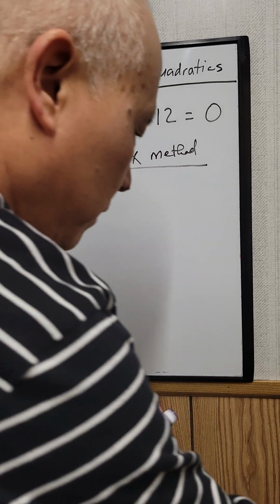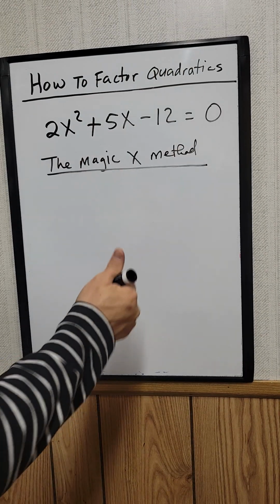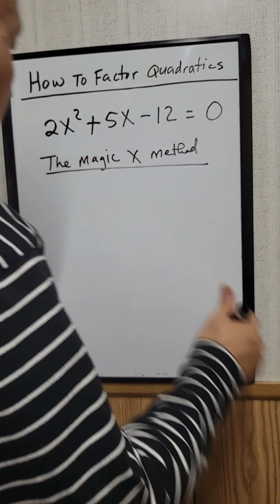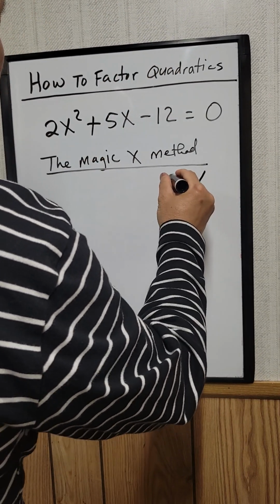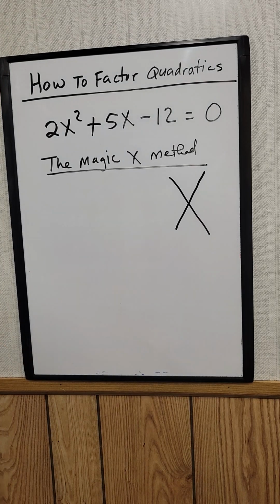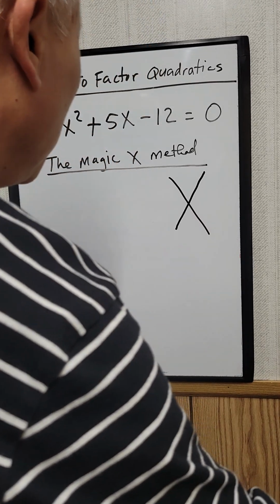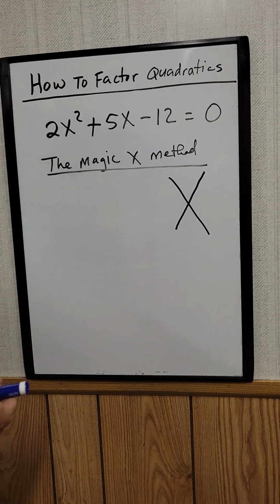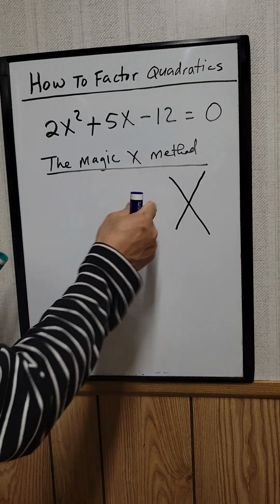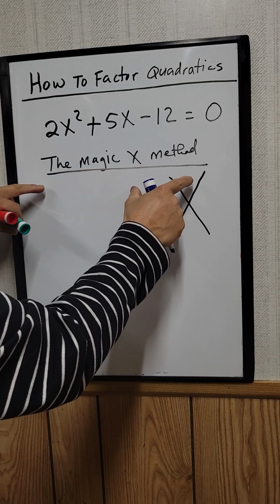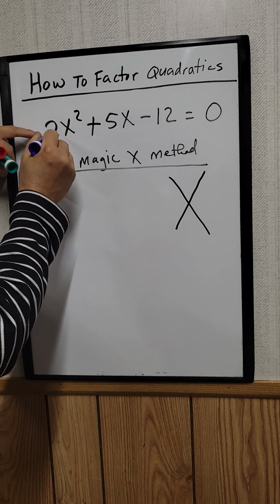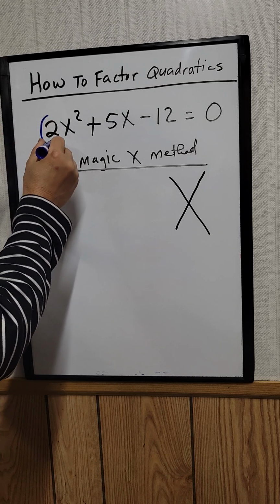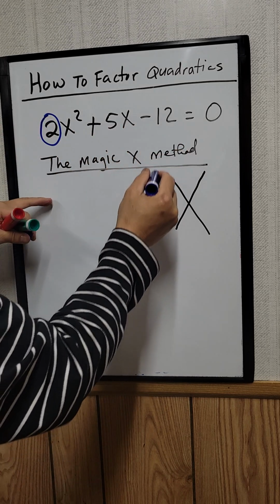So what we do is we just draw an X, like that. Alright. You draw an X and then you multiply this right here, the leading coefficient of the first term, which is 2, times the constant.